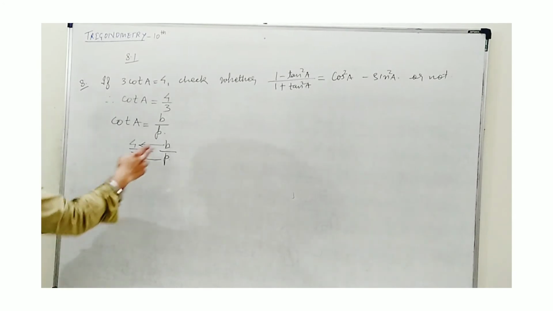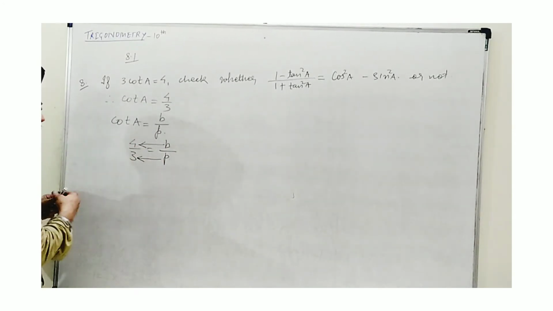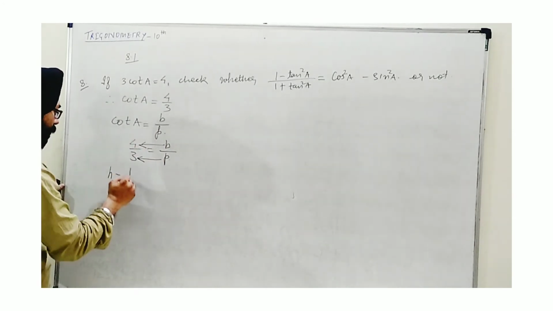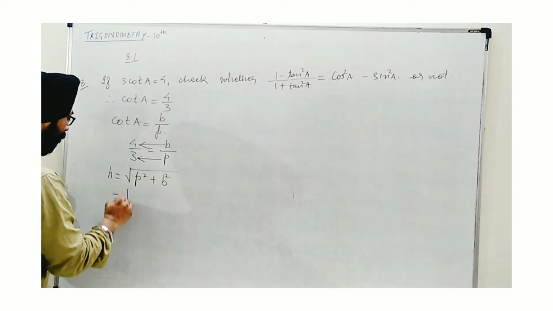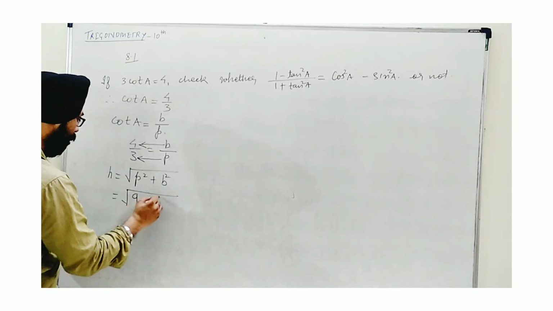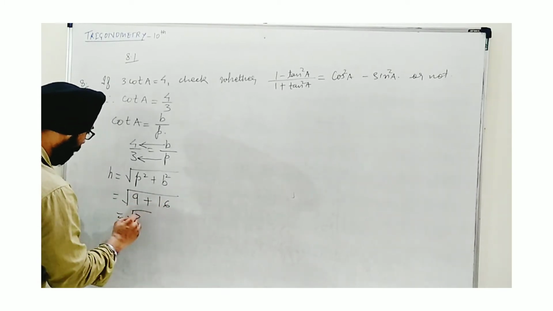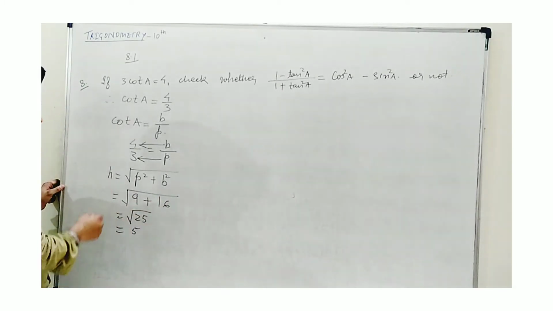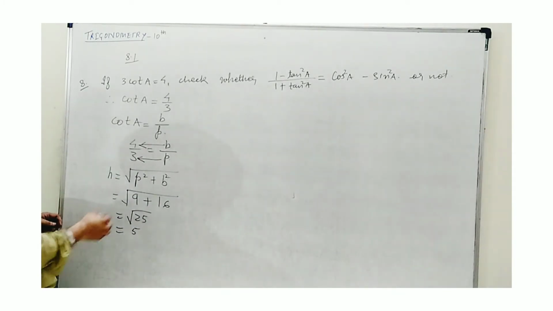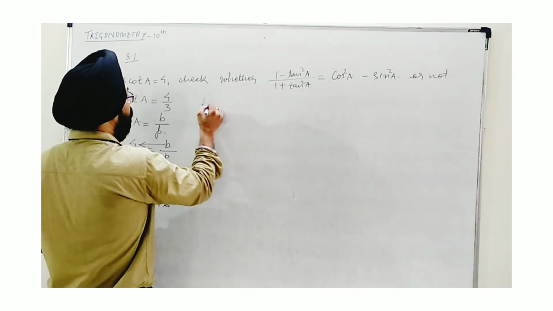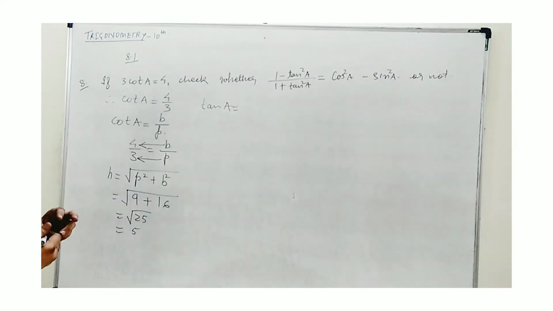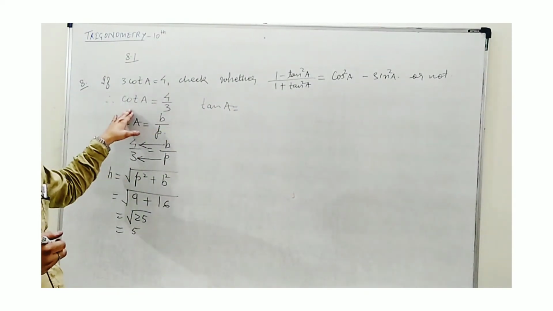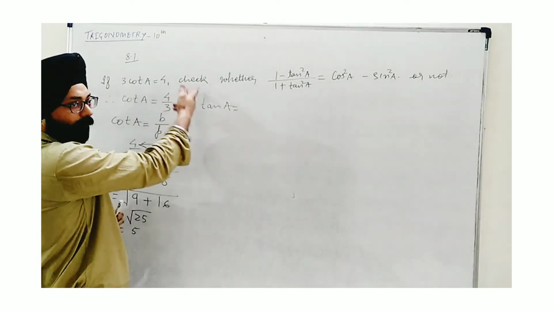Okay. Now if I take B as 4 and P as 3, then hypotenuse again can be obtained by the formula root P square plus B square. Pythagoras theorem, P square will be 9 and 4 square 16, we get root 25, and here we get 5. As soon as H, hypotenuse we get 5, we can obtain 1 by 1. First we need tan A. Now tan A smartness can be used here, as we know tan is reciprocal of cot A, so directly can be written as 3 upon 4.